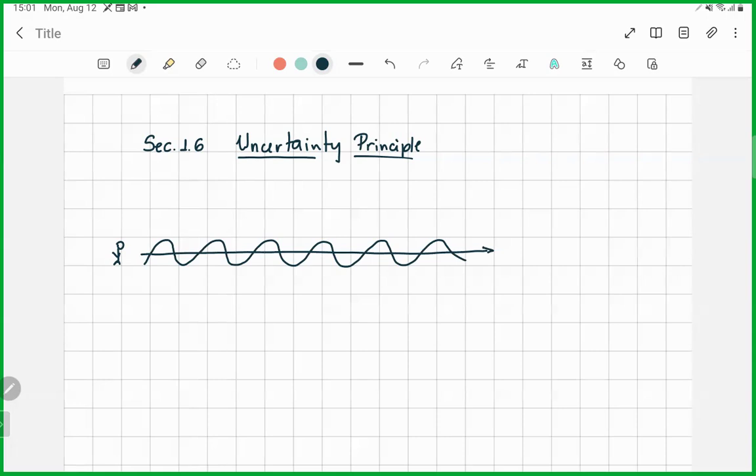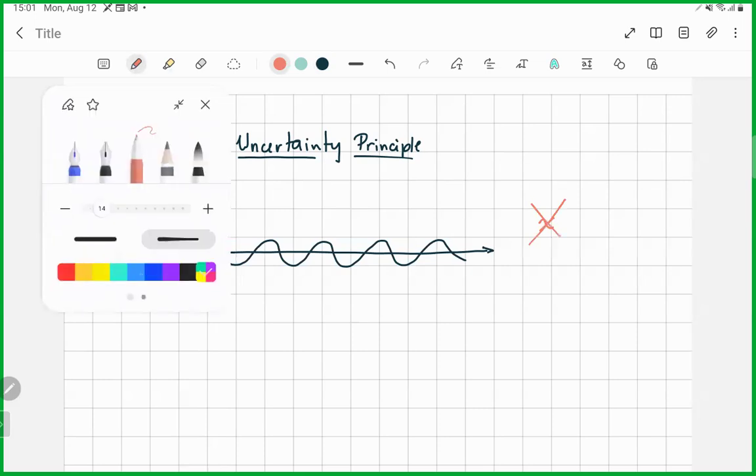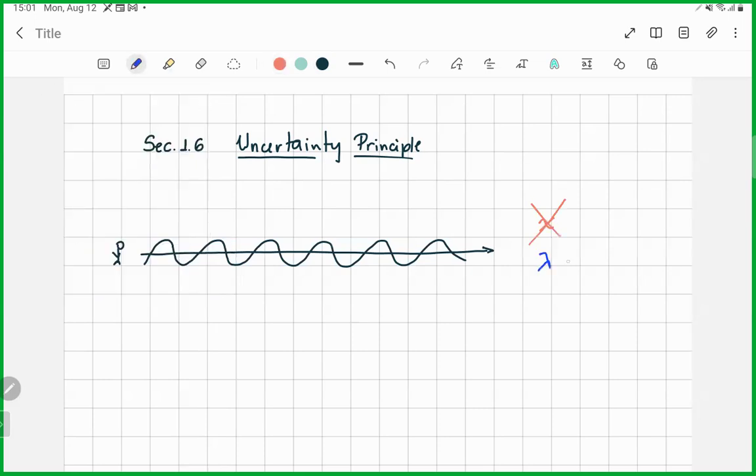Well, that's a question that doesn't make any sense. The wave is everywhere. It's not in one specific position. So we cannot get any information about position. But we can get information about the wavelength, right? The wavelength is just the distance between two crests. So this we know very well.